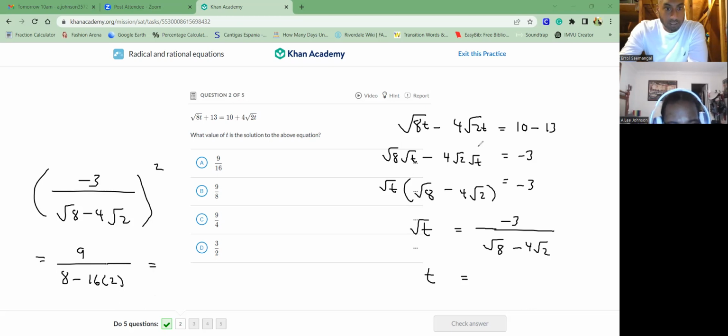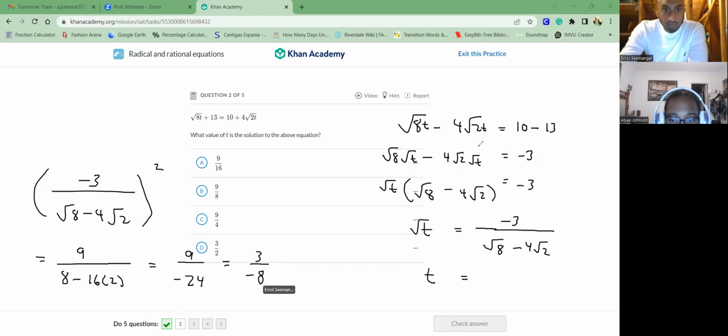That's 9 over 8 minus 32. What's 8 minus 32? -24. You see what I'm doing? I'm just simplifying, right? Okay, so 9 over -24 is 3 over -8.